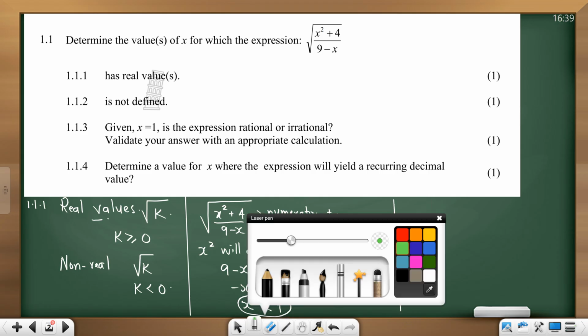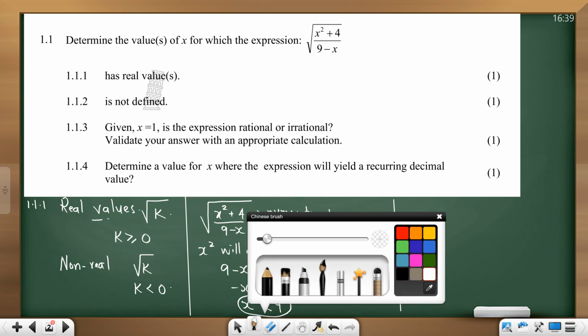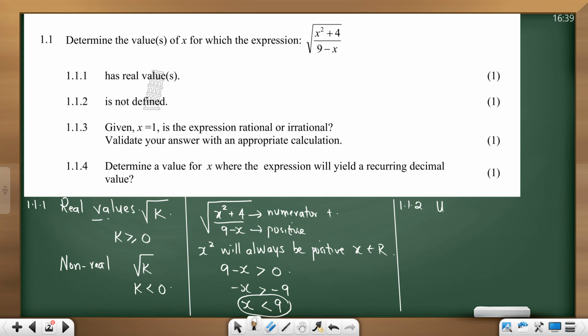Number 2 quickly. Non-real. 1.1.2. For something to be undefined, please take note, whether paper 1 or paper 2, your denominator should be equal to 0.